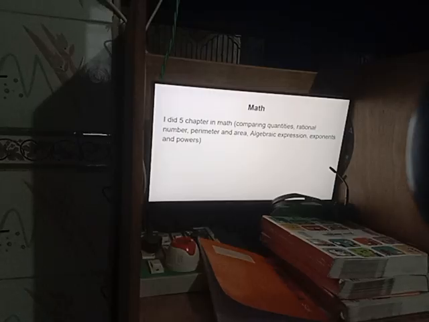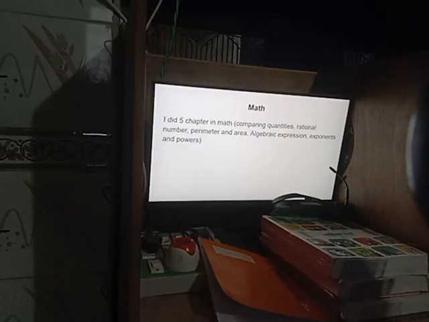A rational number is any number that can be expressed as a fraction p by q of two integers, where the numerator is an integer and the denominator q is non-zero. For example, 1 by 2. The denominator cannot be 0, otherwise it is not a rational number.